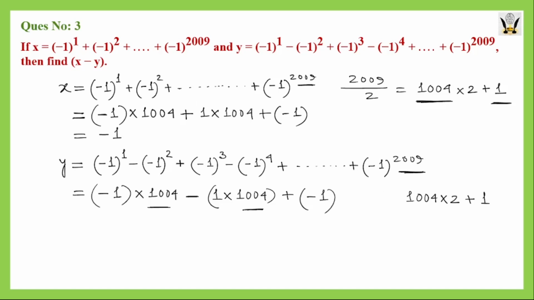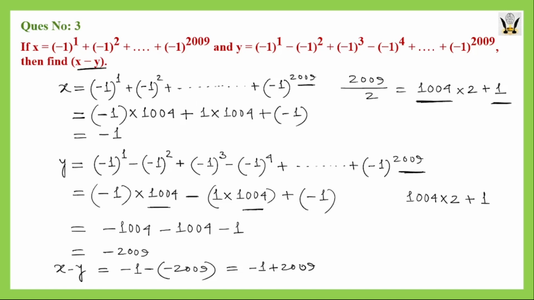The power is odd, so here the final value will be -1004, and from here the final value will be -1004, and from here it will be -1. So finally the value of y will be -2009, and what we need to evaluate is x minus y, so finally it will be 2008.